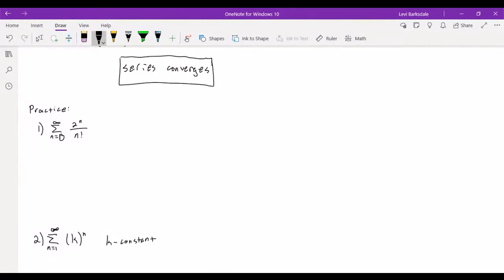All right, let's go over these problems. This first one, fairly straightforward, has an exponent and a factorial, which means it's a great time to use the ratio test. We want to do a sub n plus 1, which would be 2 to the n plus 1, over n plus 1 factorial, divided by a sub n, so I'm just going to multiply by the reciprocal, which would be n factorial over 2 to the n.